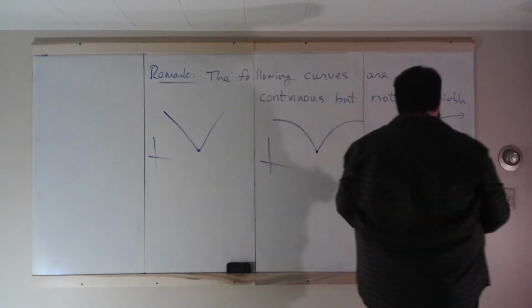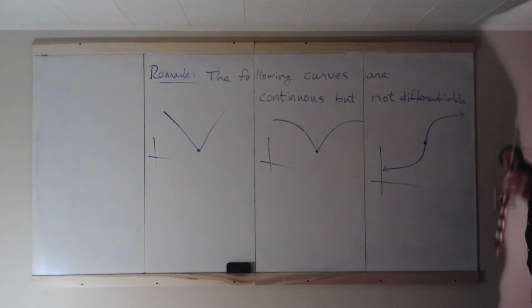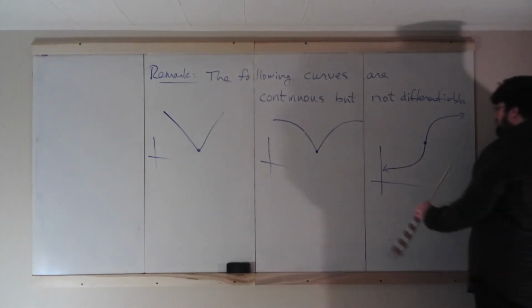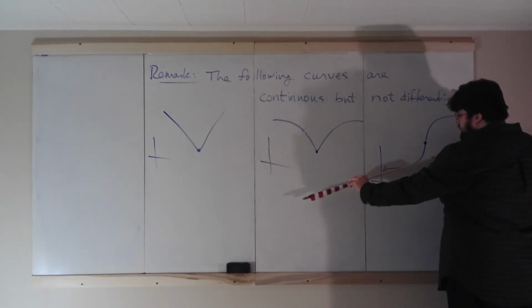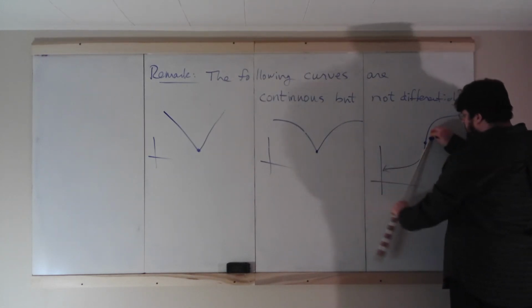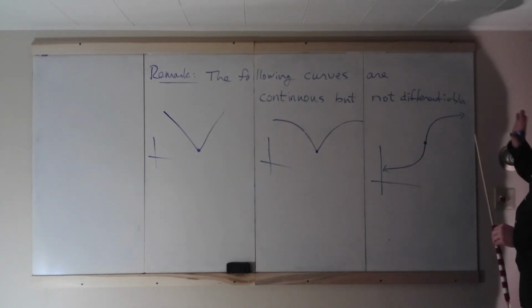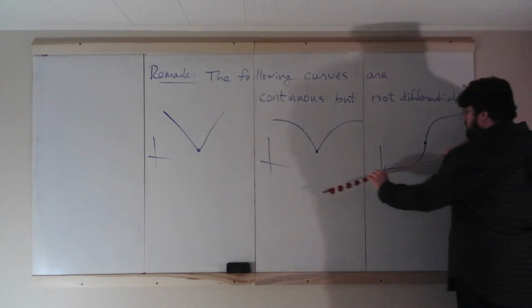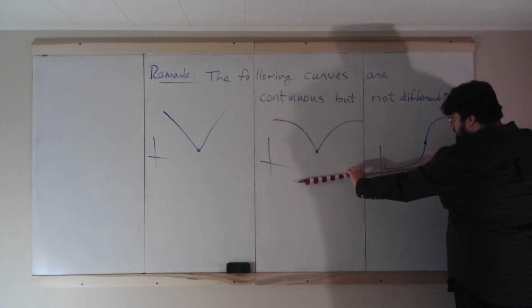This last one, it may look differentiable at first glance, but it actually isn't. Because you can actually see this kind of going through that like that. But you have to be a little careful with it. Because here, as we approach this point, we have positive slopes.